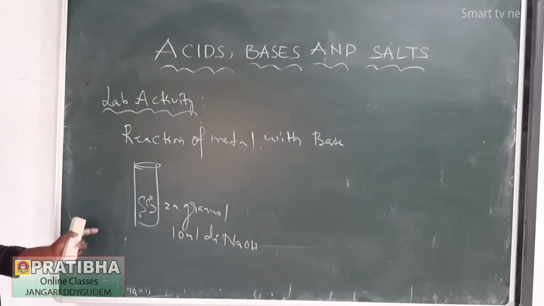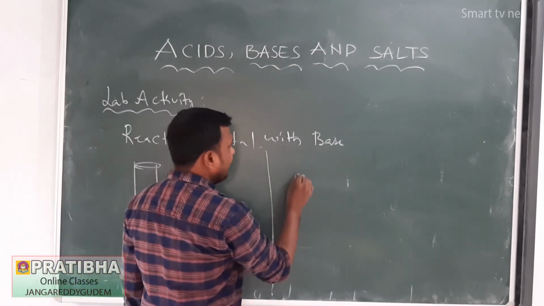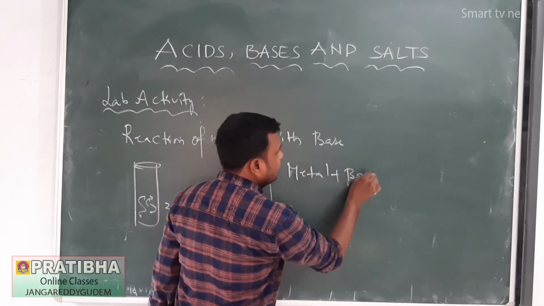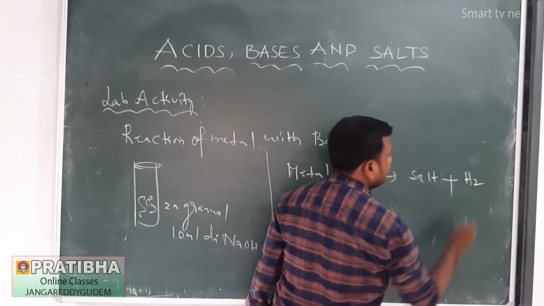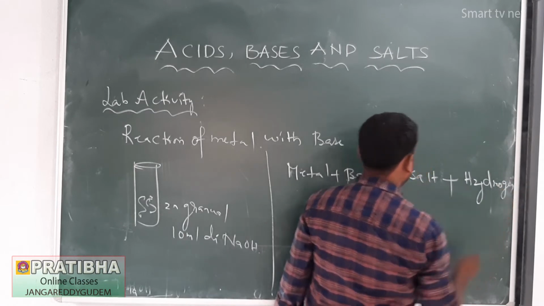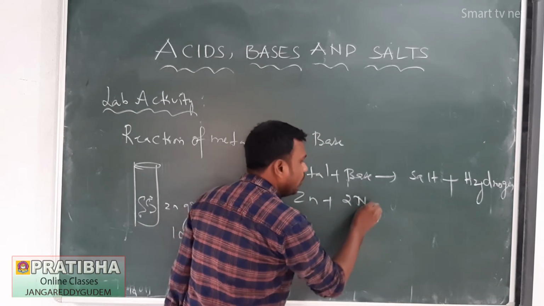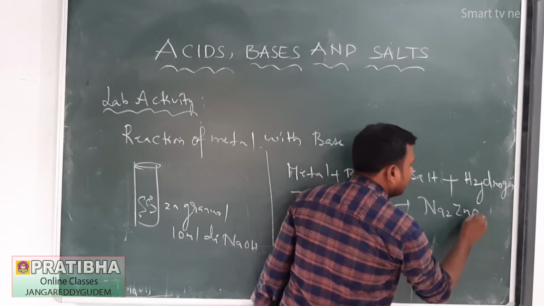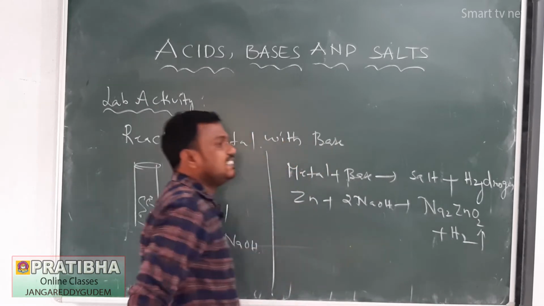Finally, metal plus base, we can get salt and hydrogen. Means metal zinc plus 2NaOH to form sodium zincate Na2ZnO2 plus hydrogen gas will be liberated in this experiment.